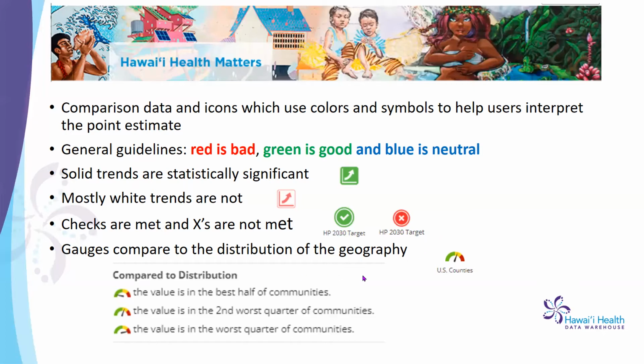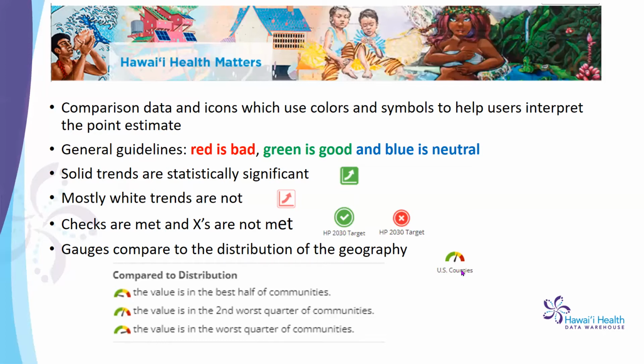Lastly, some indicators in the system have gauges, and the gauges compare the indicator to other similar communities. So in this case, we're comparing to US counties as a whole, and this indicator is here in the yellow. That means the county we'll be looking at would be in the second worst quarter of communities. So you'd see one indicator and a bunch of different information to help you interpret what that means.